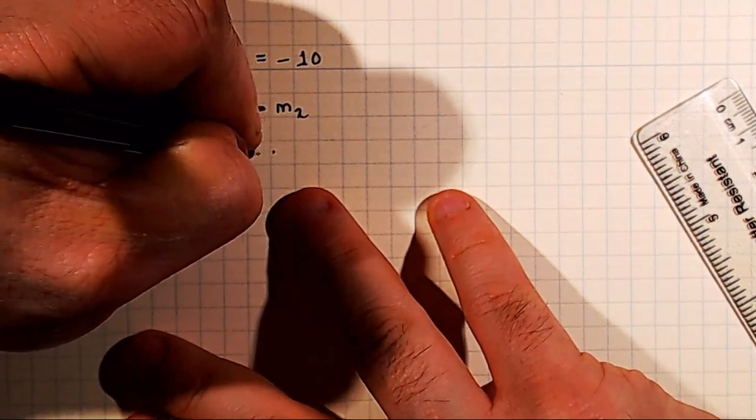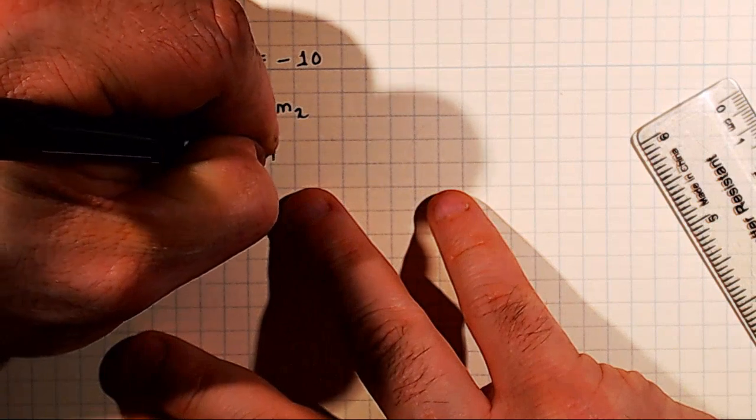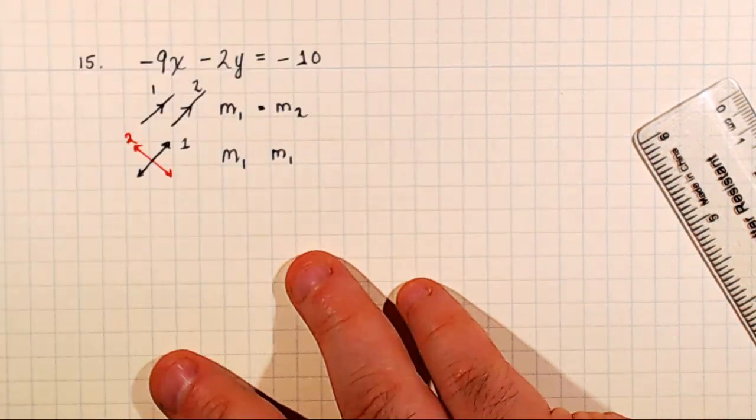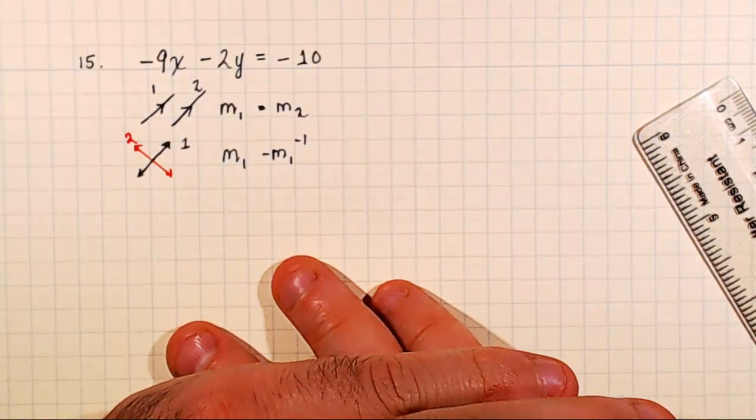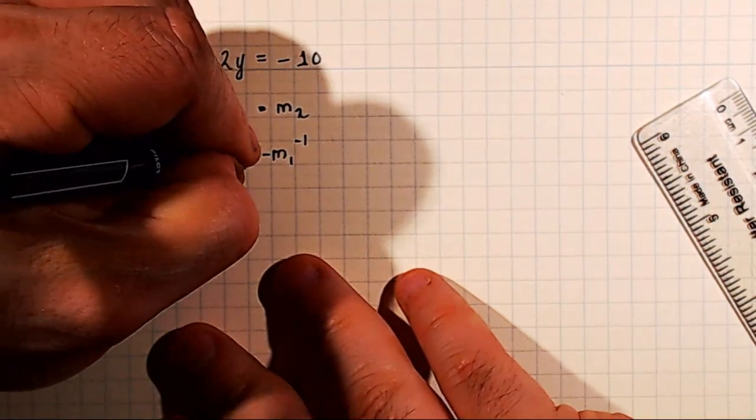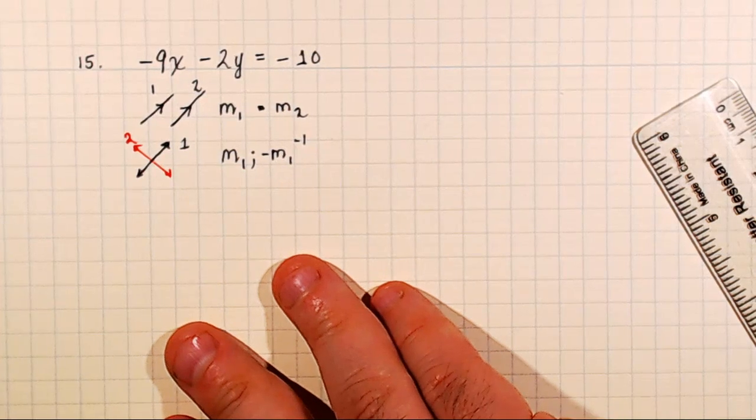So the slope of line 1, M1, you take the negative reciprocal of that, and that gives you the slope of line 2. Okay, so those are not equal to one another.